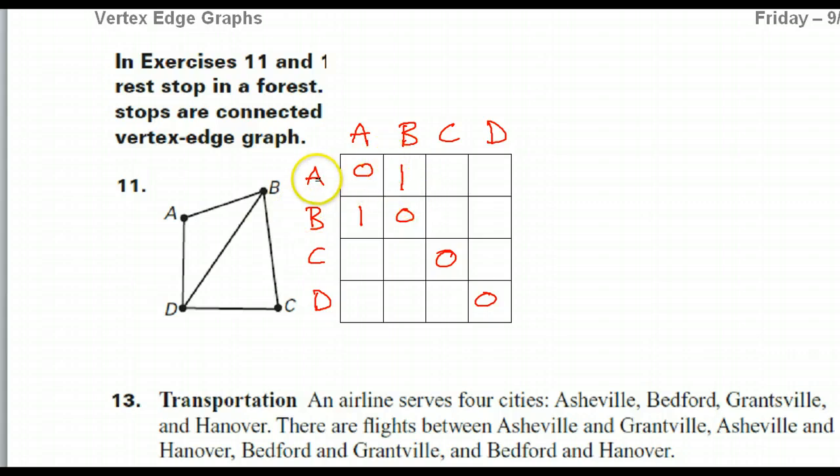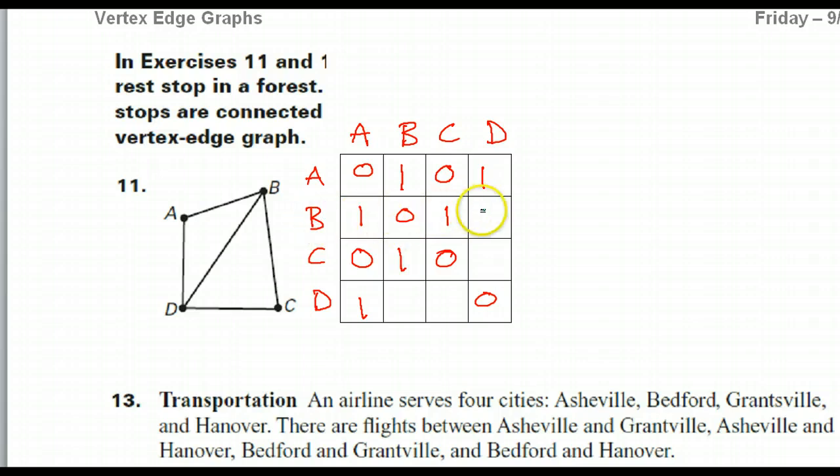Now, is there a trail between A and C? No trail between A and C, so I put a 0. So that means there's also no trail between C and A. Duplicate it. Is there a trail between A and D? Yes, it's right there. It's one trail. That means there's a trail between D and A, so duplicate it. What about between B and C? Yeah, there's one trail. That means C and B, there's a trail as well.